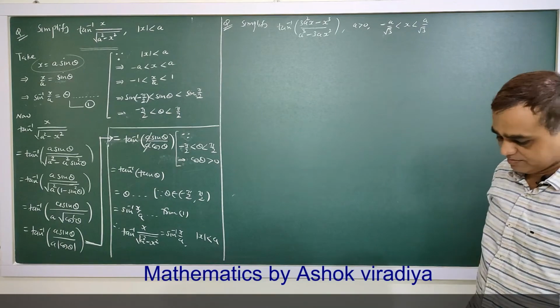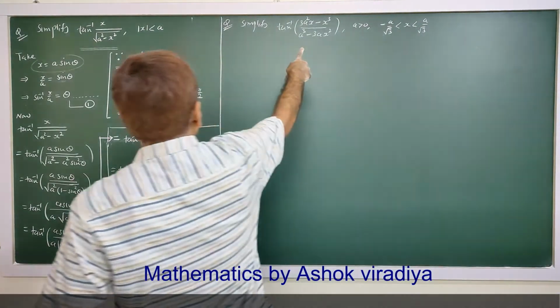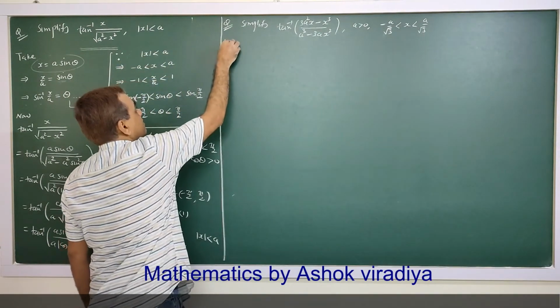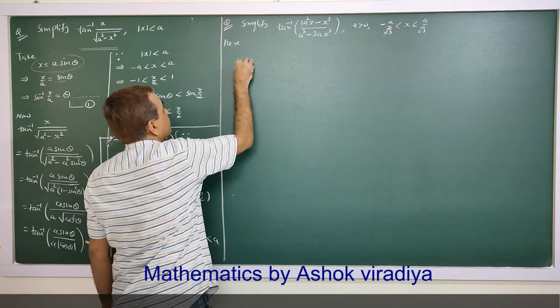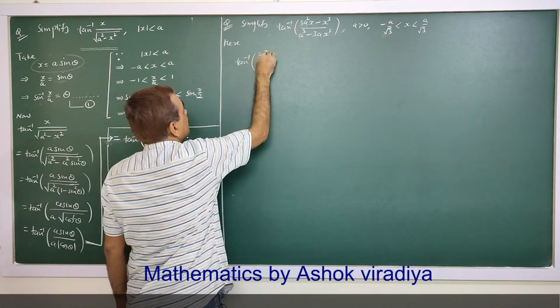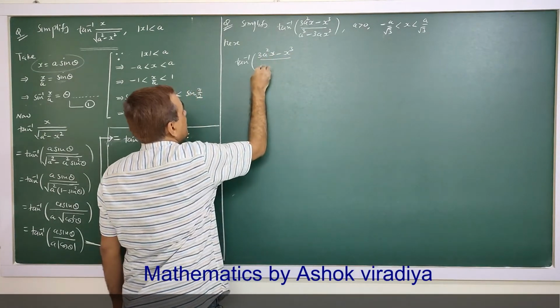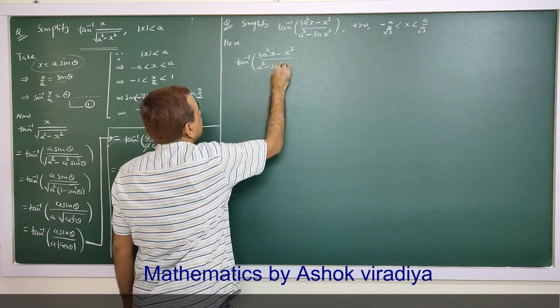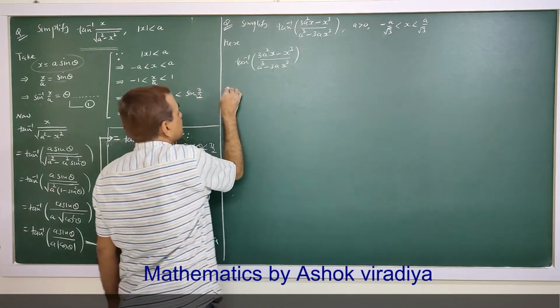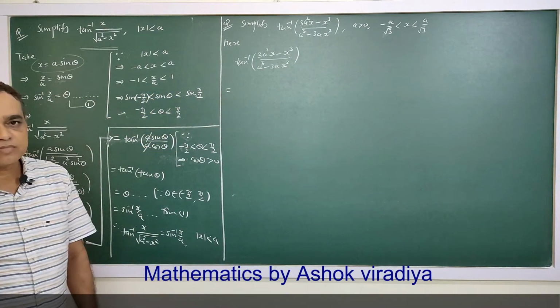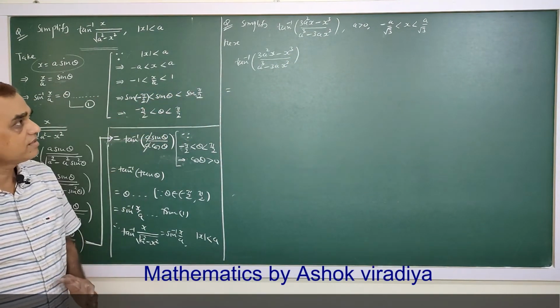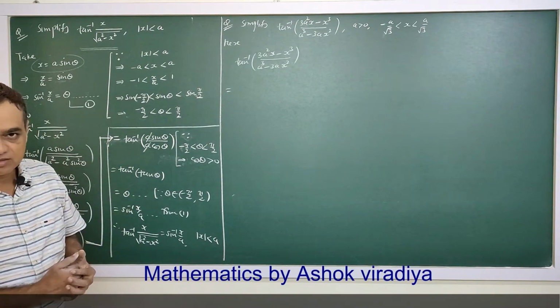Now see here, the given expression: tan inverse of 3a square x minus x cube upon a cube minus 3a x square. Now look at this pattern, observe the inner pattern.